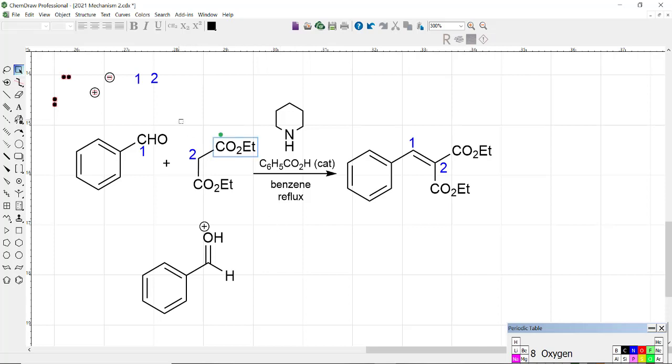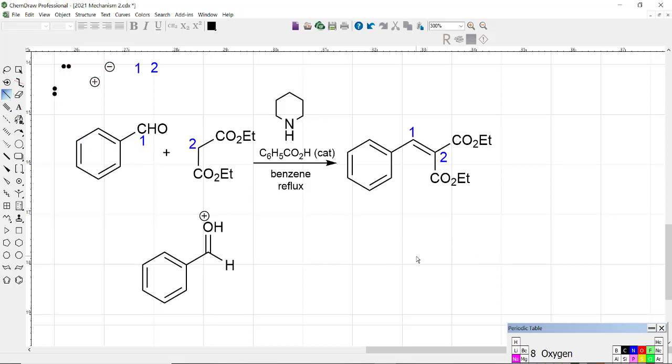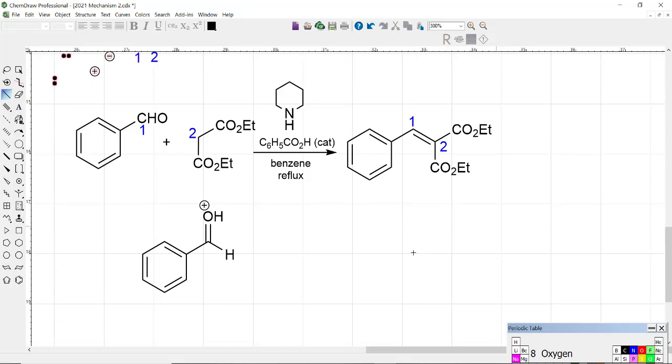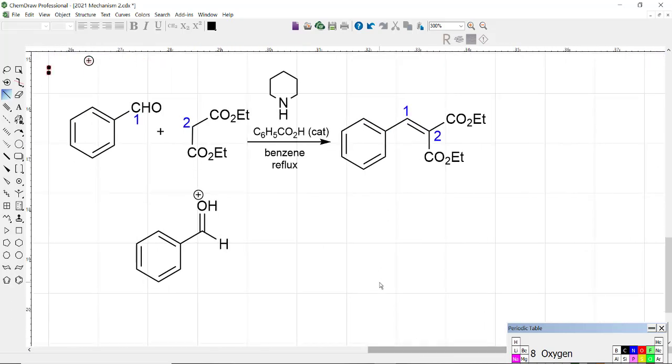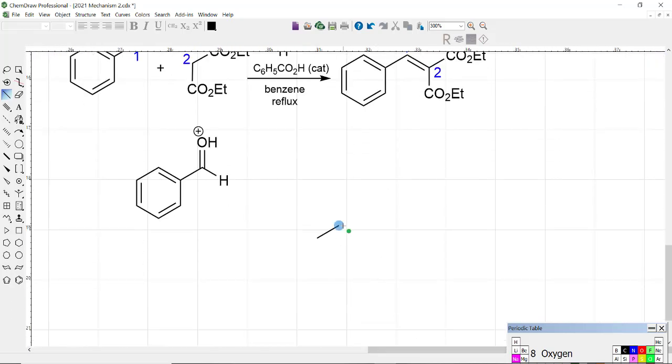Then how do I actually generate the nucleophile? Well, this particular species, we need to expand it a little bit because you might be wondering why are there two ester groups there. Well, if you are sharp enough, you know that esters are actually pretty good electron withdrawing groups, which will help to stabilize the negative charge.